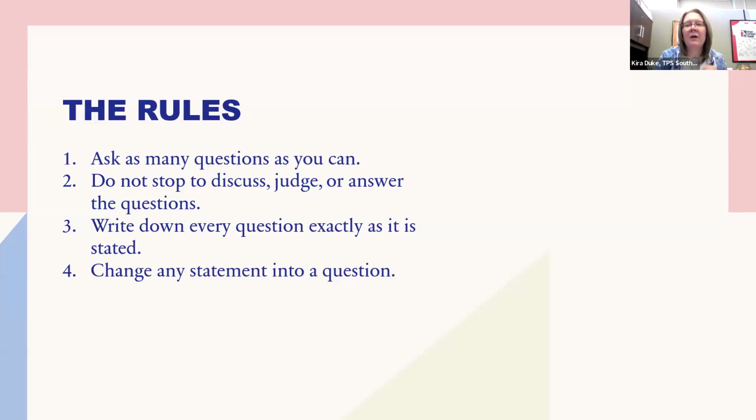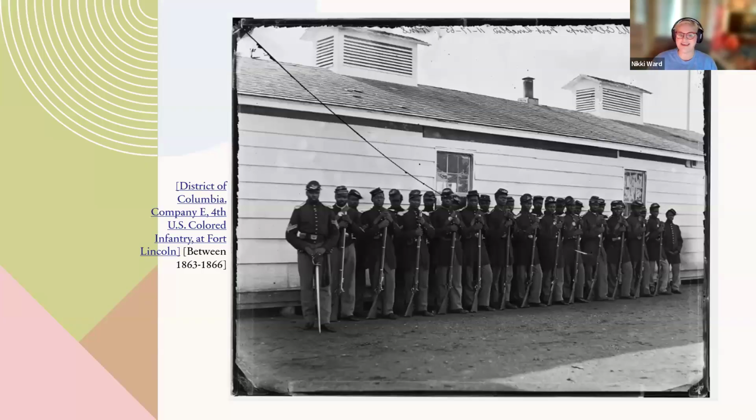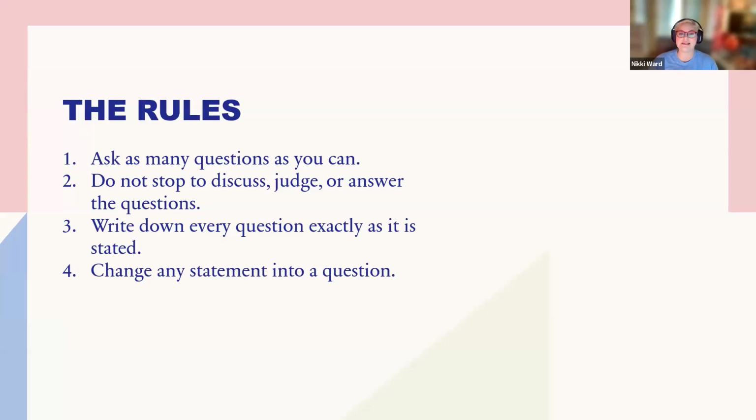Okay. So, the fourth rule, change any statement into a question. Is that done in the moment or is that done after? When does that take place? That should happen in the moment. Inevitably this happens because we hear questions or we see something in our question focus and someone in the group will make a statement.